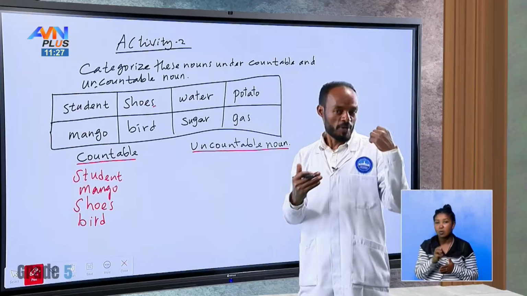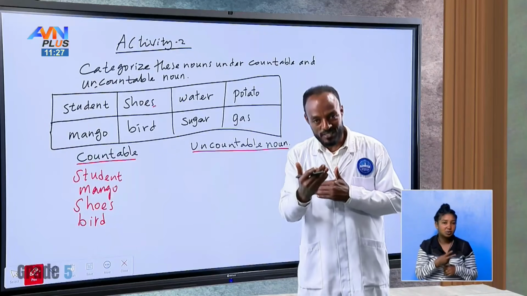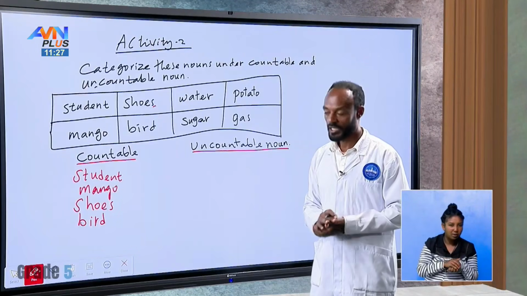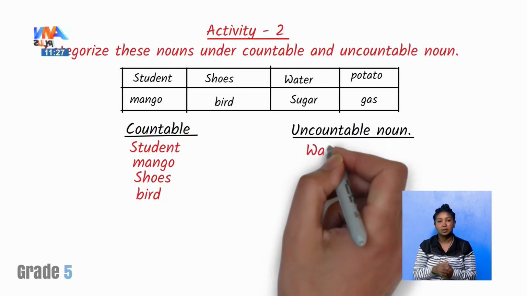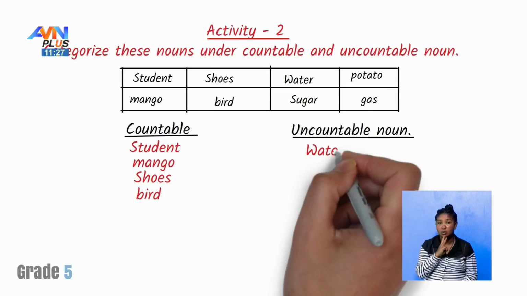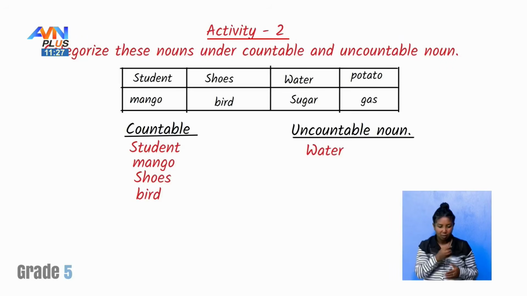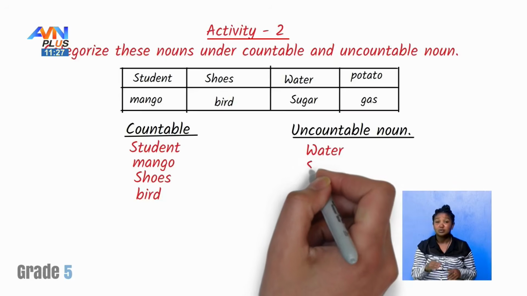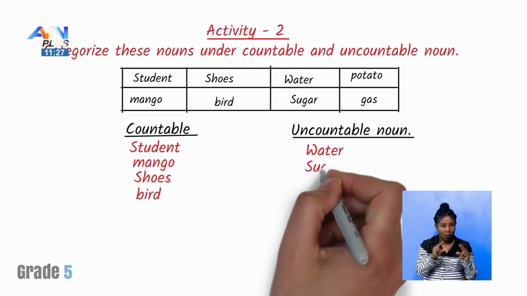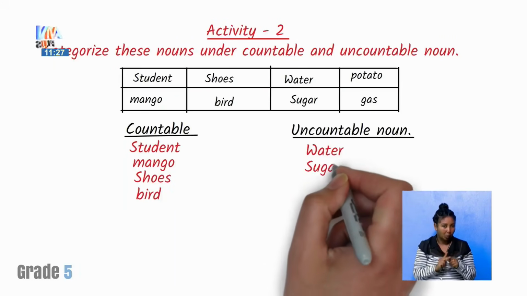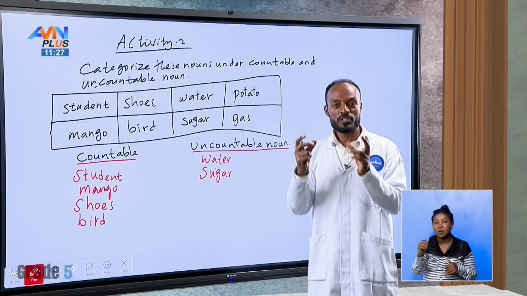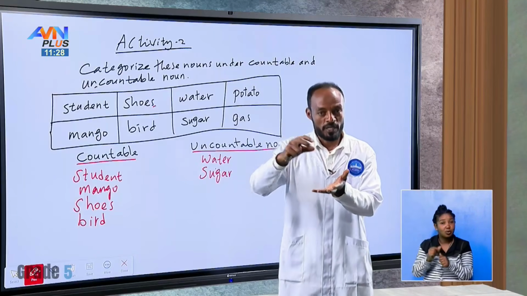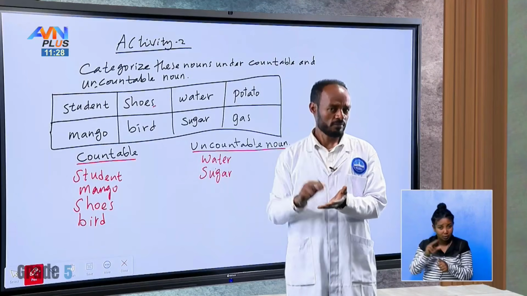What about water? The word water can be said as "wawter" in American and "water" in British English. So we can say here the word water because we cannot count water. What about sugar? Can we count it? We cannot. So it should be here. What about potato? Can we say one potato, two potato, three potato?